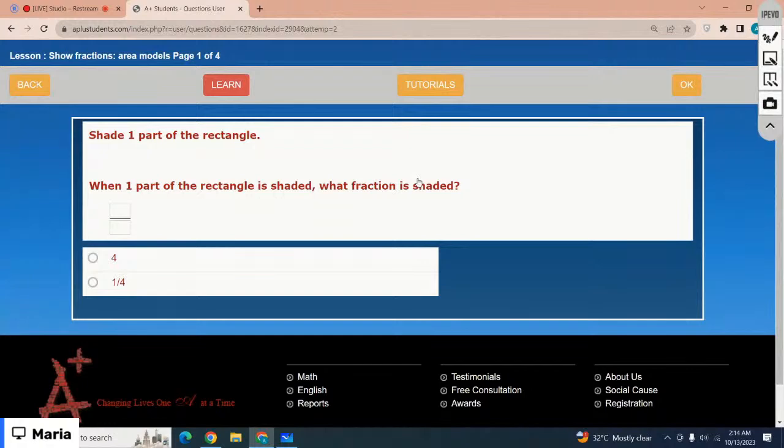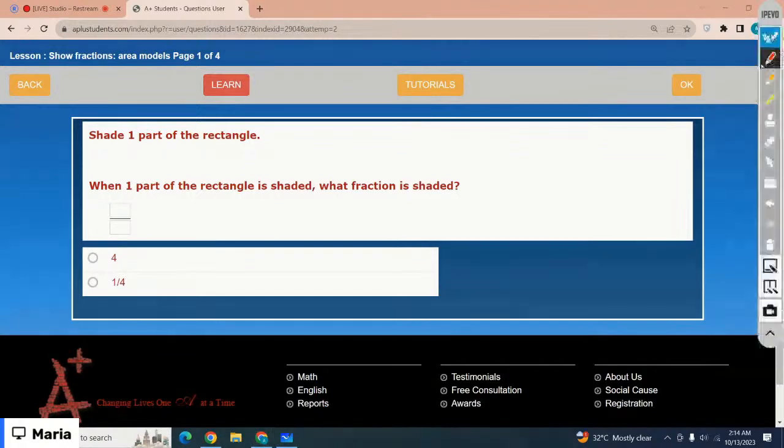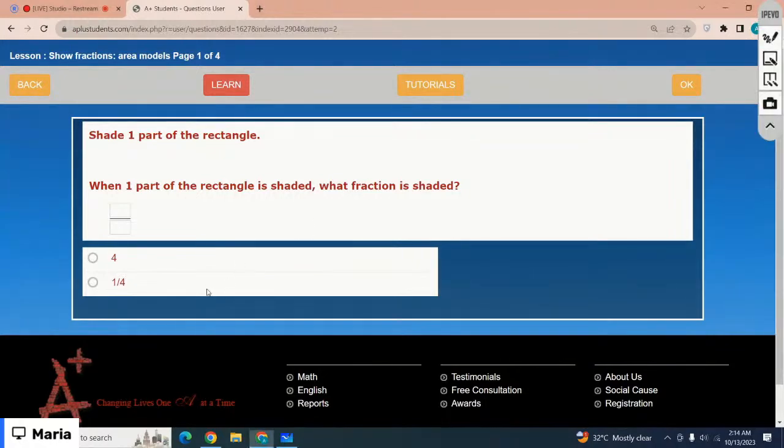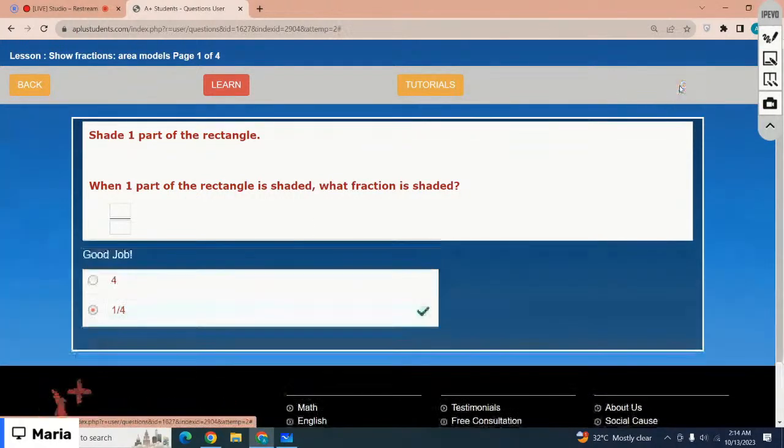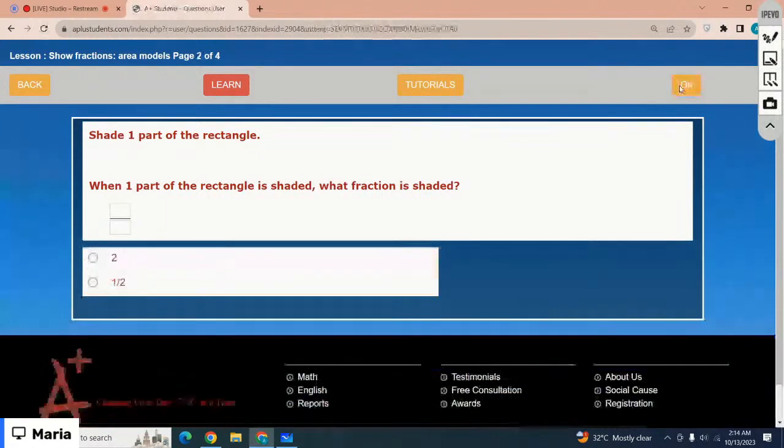I think it would be four parts, and one of them is colored. There is a mistake with the shape. The rectangle has four portions, and only one portion is colored. So the correct option is 1 by 4, right? Let me just see if I select 1 by 4. Yes, the correct option. That means there is a mistake with the shape, right?